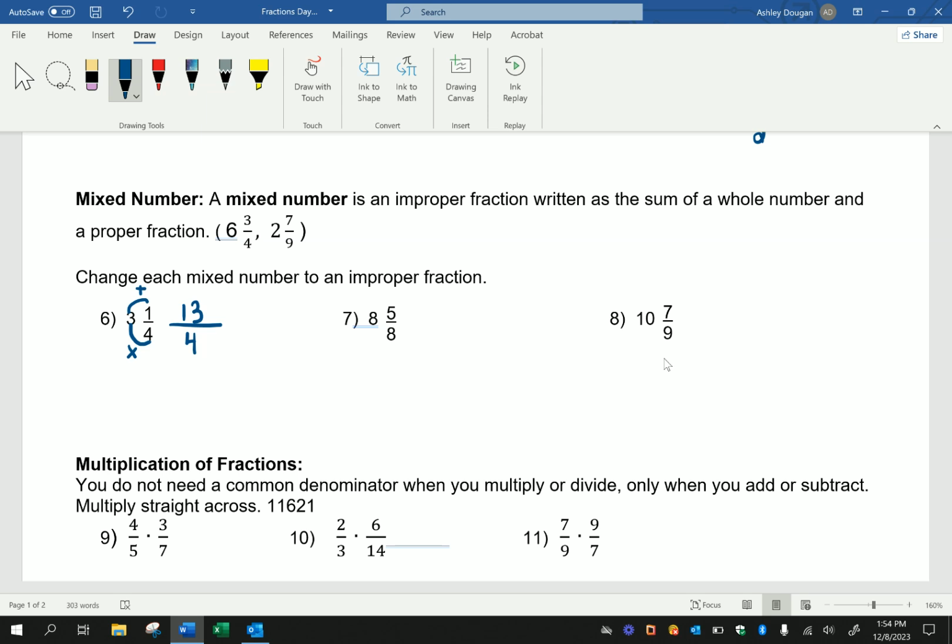Same thing with number 7. I'm going to say 8 times 8 plus 5 gives me 69. And then I keep the denominator the same, and that's 8. I would say 8 times 8 is 64 plus 5, and then keep the bottom number the same.